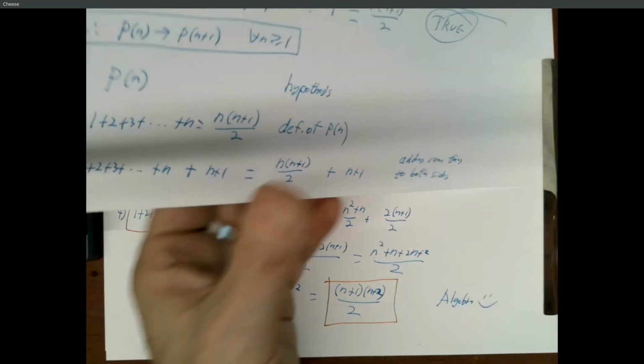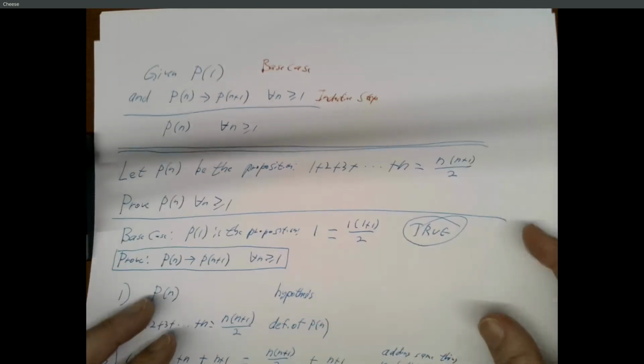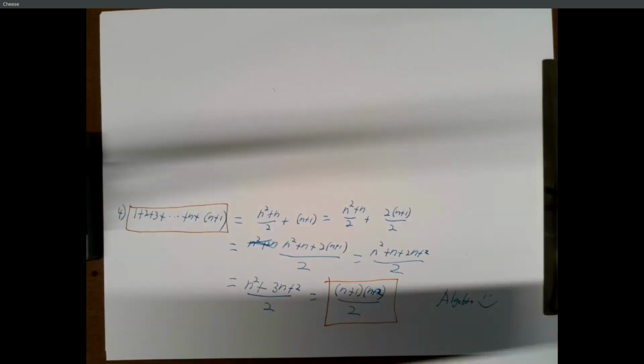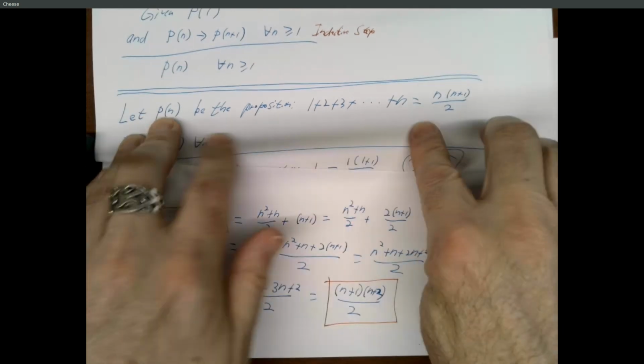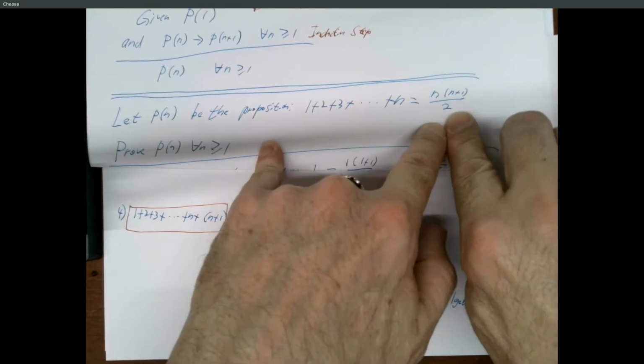Okay, let's go back and look at our original proposition, P(n). P(n) is the proposition that the sum of the first n integers is n times (n plus 1) over 2.